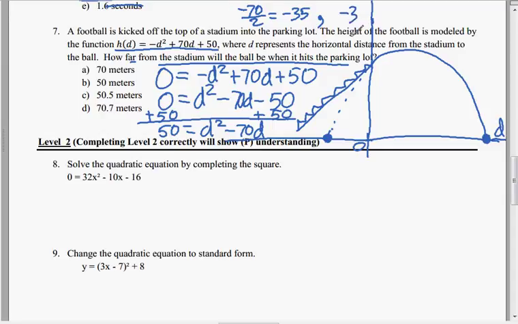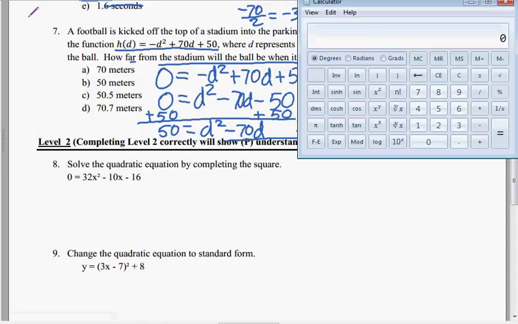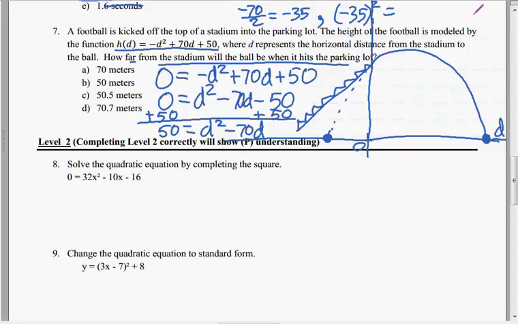I need a calculator. I square that answer, I get 1225. In order to factor this into a perfect square, I have to add 1225.